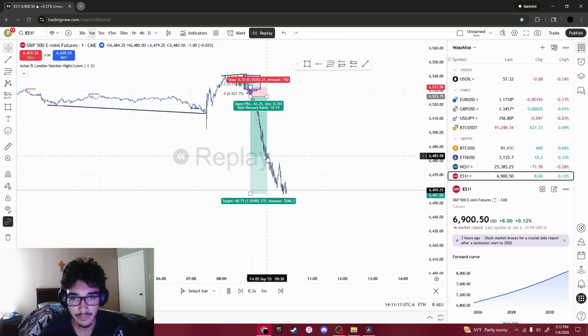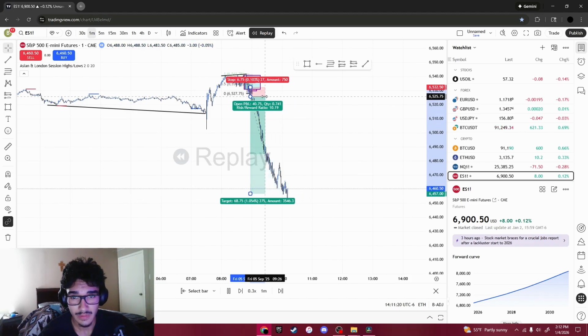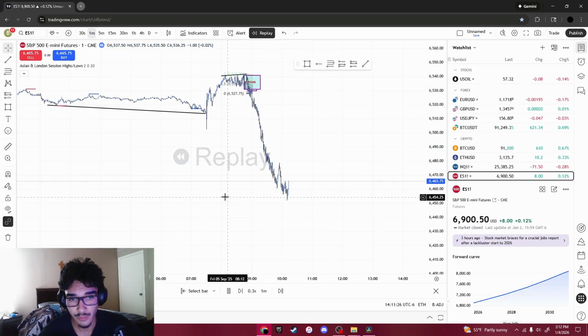Ends up getting hit all the way down here. 10-to-1 risk to reward ratio. This model is crazy. My strategy for sure works.